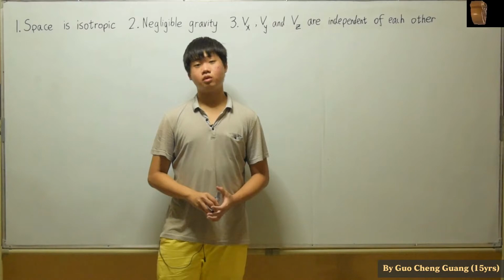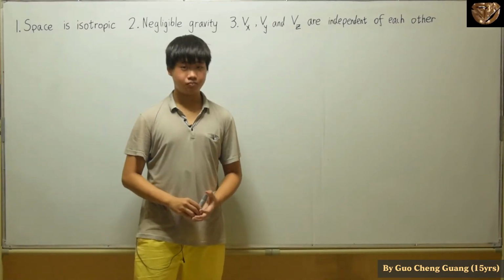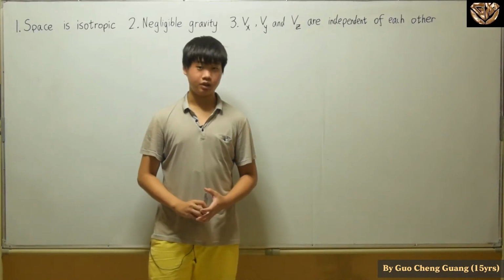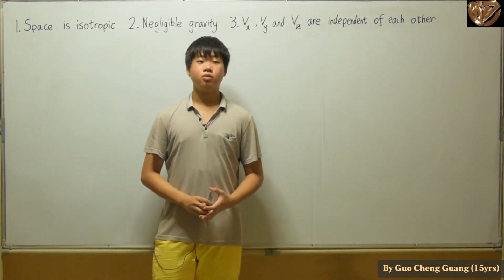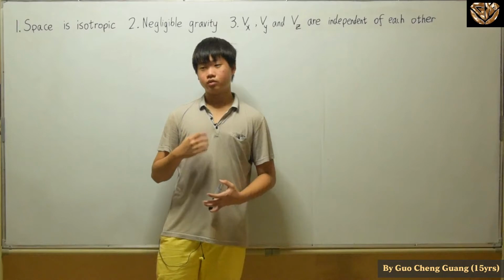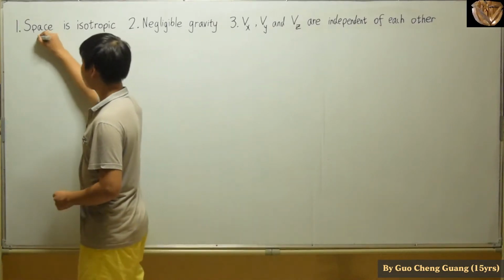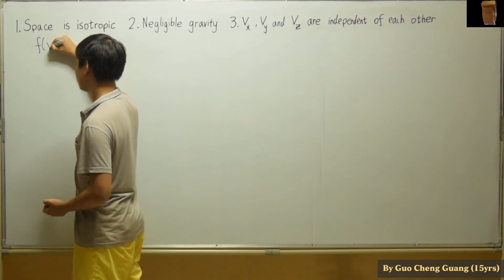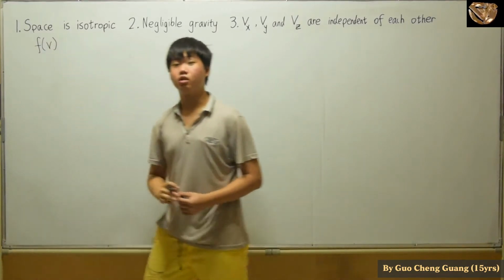So those would be about probability, right? So what exactly are we trying to determine over here? Let's just say we have this thing called f(x), or f(v) as a matter of fact.